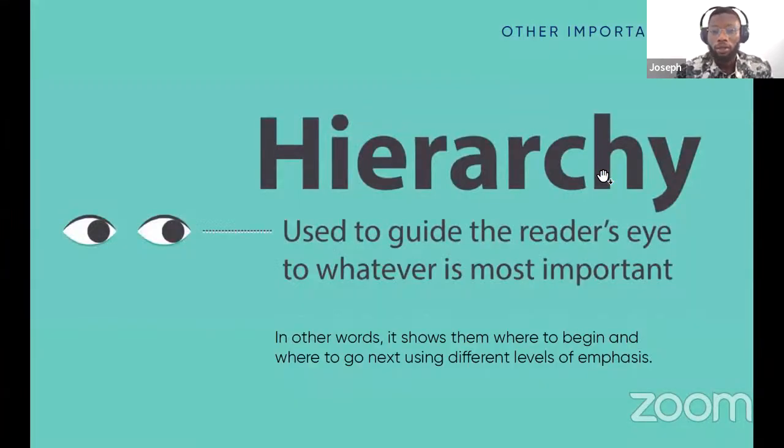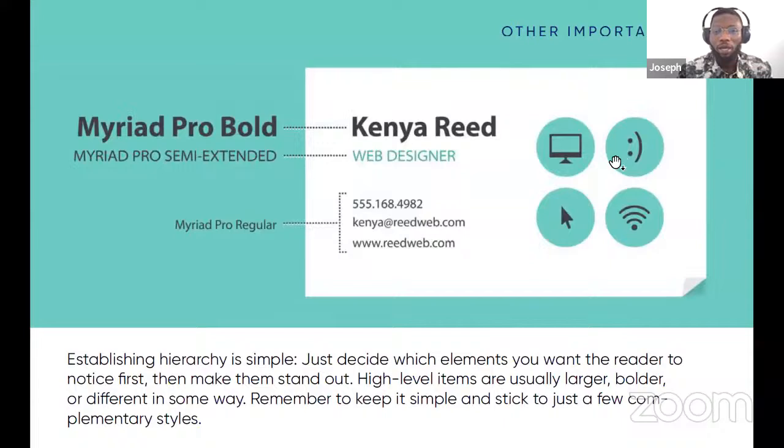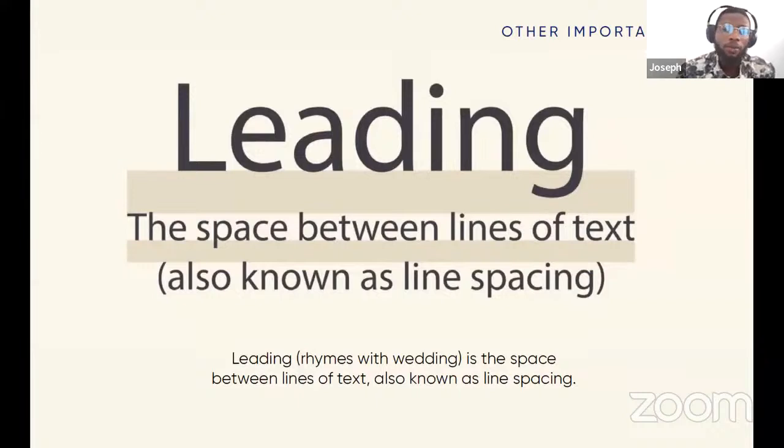So we talked about hierarchy, and as you already know from the principles of design, hierarchy helps to guide the design from big to small and the likes. Like you can see here, the most important detail takes the bigger size, and then it follows down that same route. Leading, space between lines of text, also known as what?